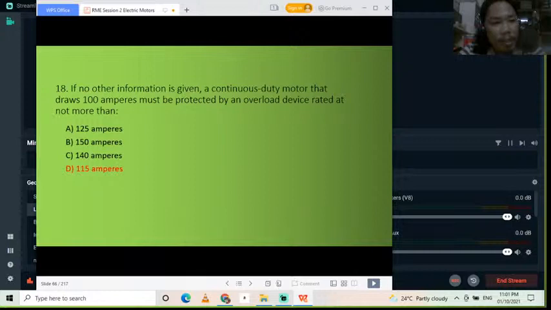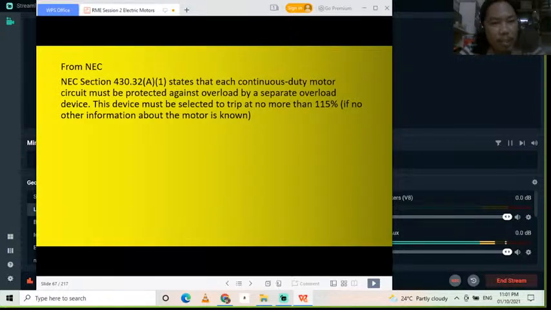So, nasusulat po yan sa National Electrical Code natin. Section 430.32a states that each continuous duty motor circuit must be protected against overload by a separate overload device. This device must be selected to trip at no more than 115%. Okay?